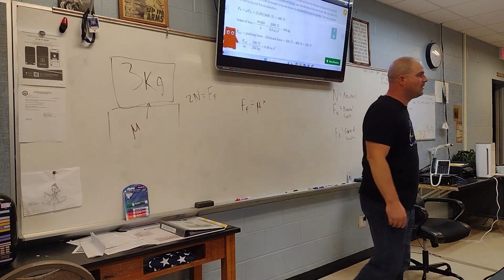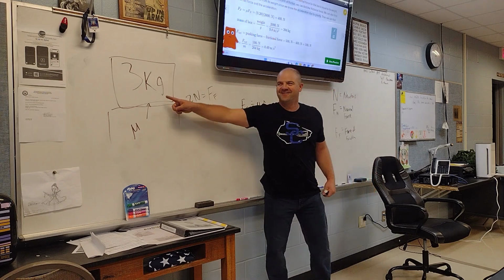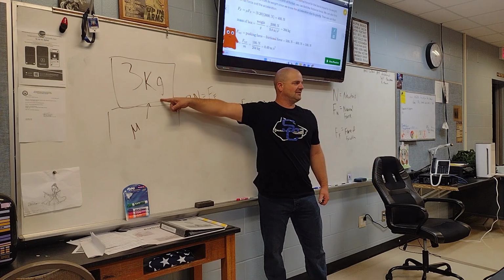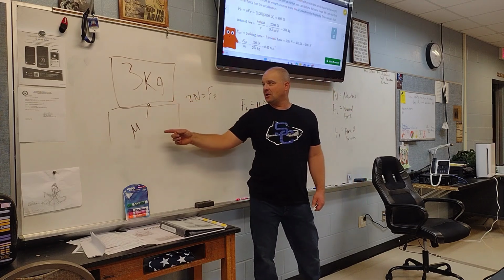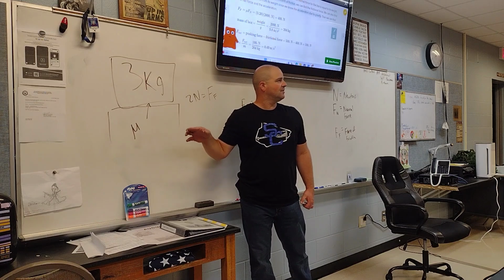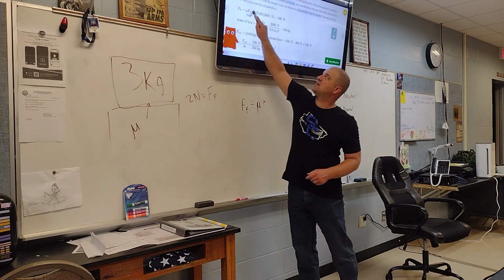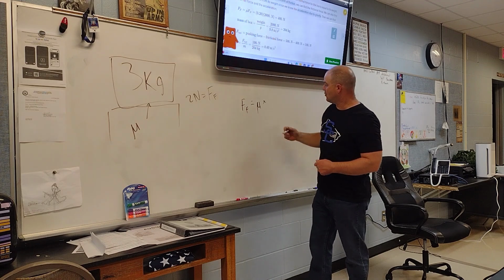Newtons of what? This is not a weight, is it? Force. This is a mass. Yeah, weight is a force. We need the normal force. If you look right here, what's that say? Fn. Normal force.